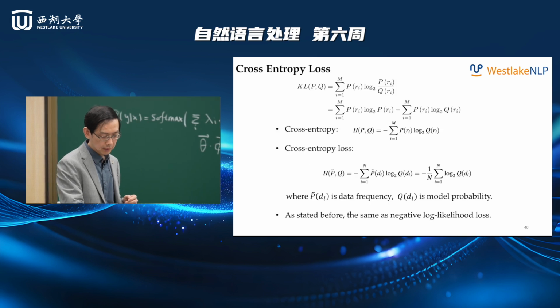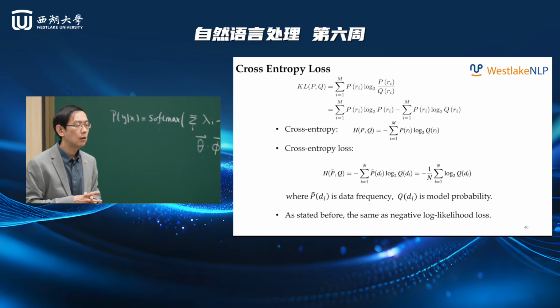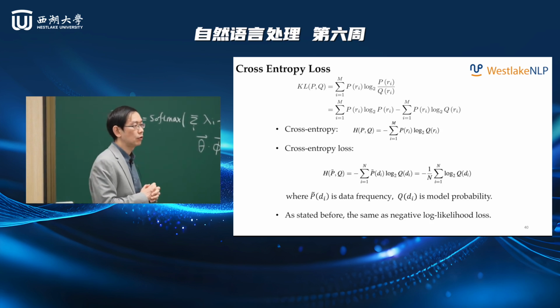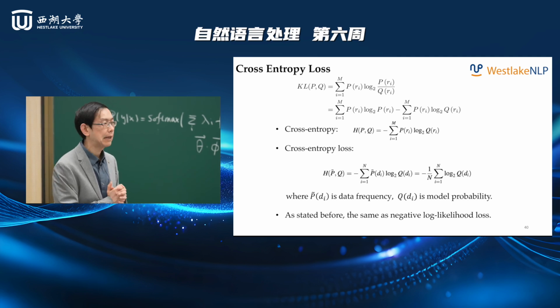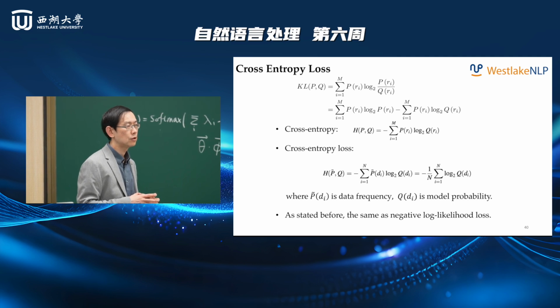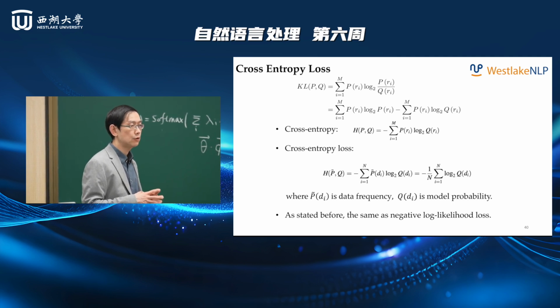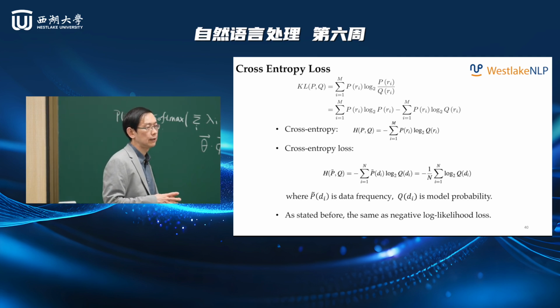All right. And let's come back to the minimization of KL divergence, which is equal to the minimization of cross entropy. As a result, we can use cross entropy as a loss function. So when I mention cross entropy loss, you know that I'm doing minimization of KL divergence or maximization of log likelihood.